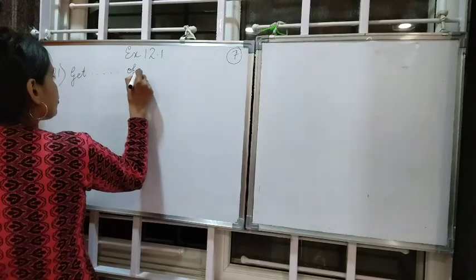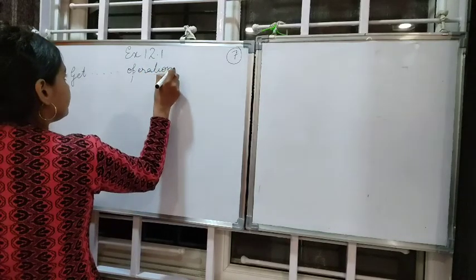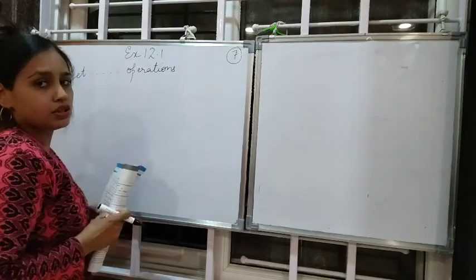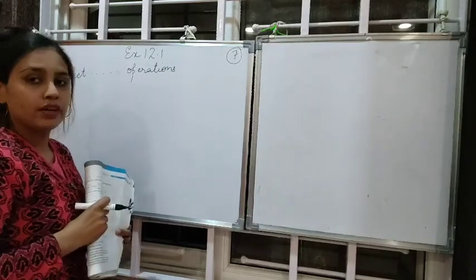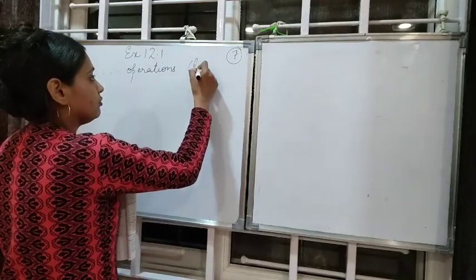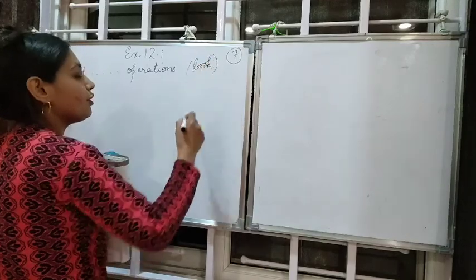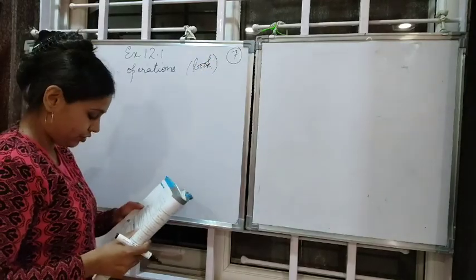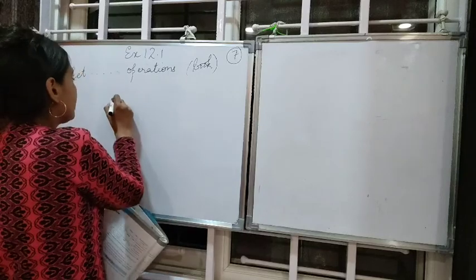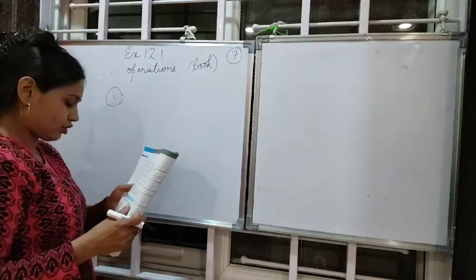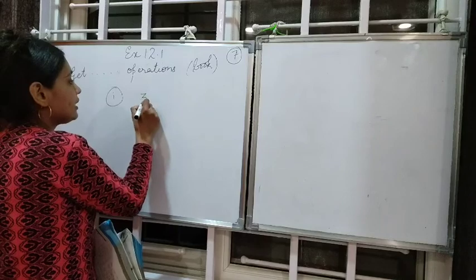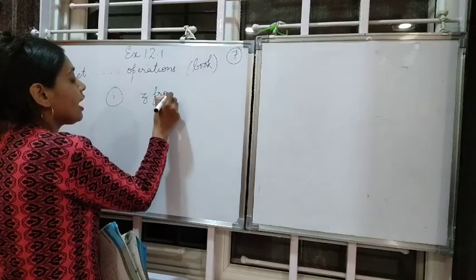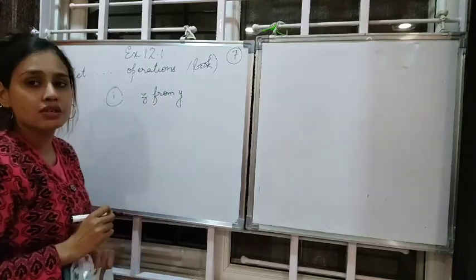So this is your question, children. Okay, this is your question. We are doing it in book. But if you want to write it in your copy, no problem, children, you can go ahead. So the first one is subtraction of z from y. Children, we have to give the expression for this.